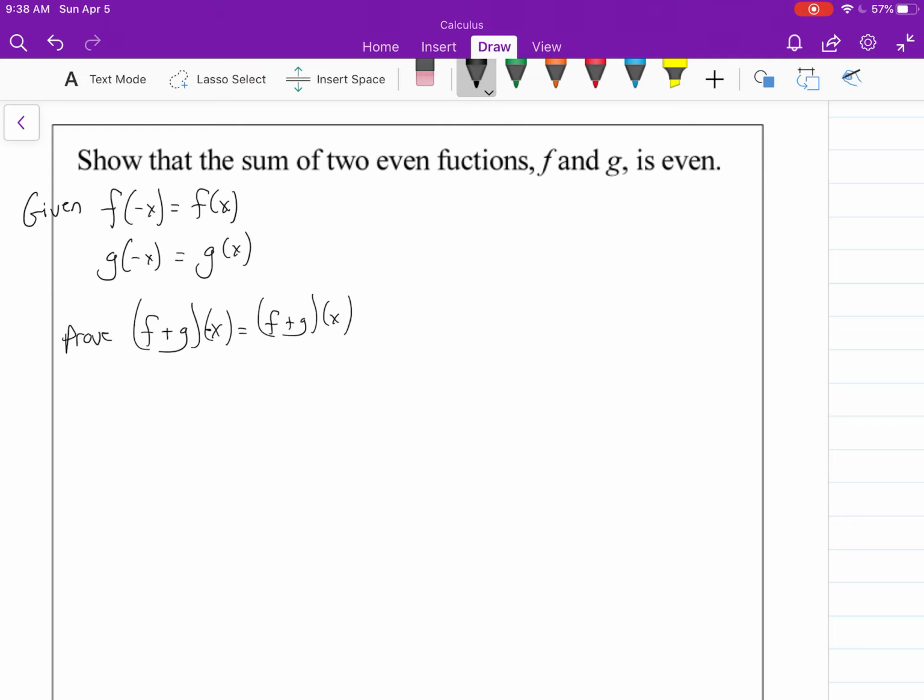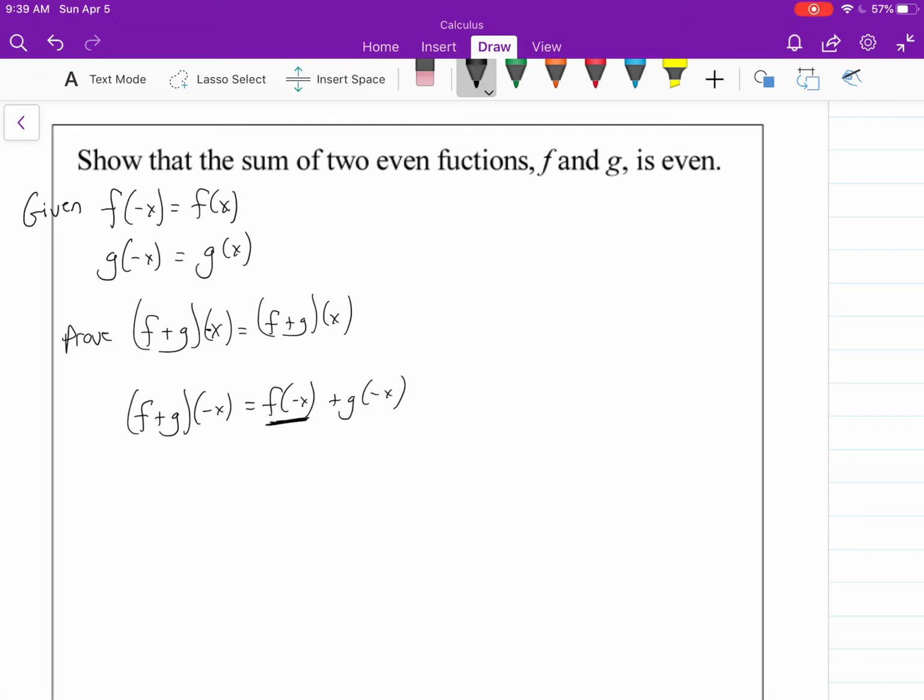So we want to start with a given and get to the proof. Well, let's start with what the sum of two functions means. F plus g of negative x equals f of negative x plus g of negative x. That's by the definition of a sum of functions.